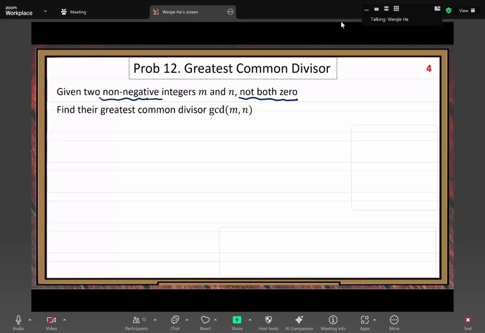So here we use the special function, GCD function, on 2 non-negative integers, excluding the 0, 0 case. For the 0, 0 case, it is not defined. So when you consider GCD(0, 0), it is not defined.